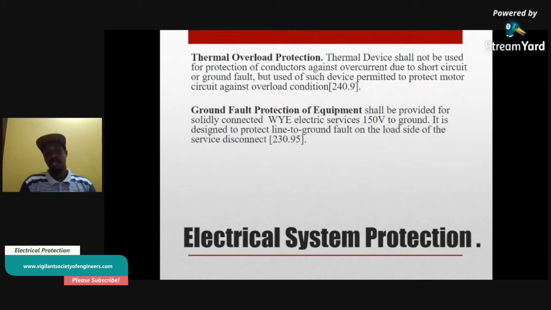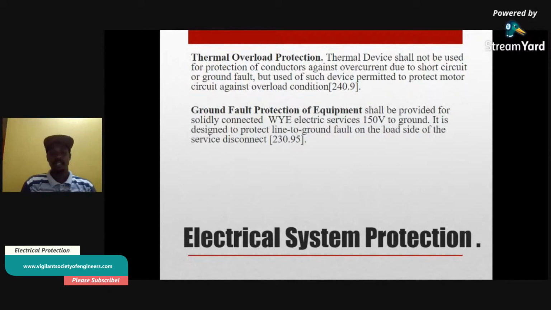So what they're saying is that we use the protection device for what it is designed for, all right? So ground fault protection of equipment shall be provided for solidly connected Y electric service over 150 volts to ground. And it is designed to protect against line to ground fault on the load side of the service disconnect.